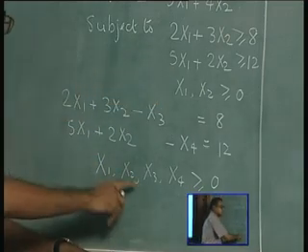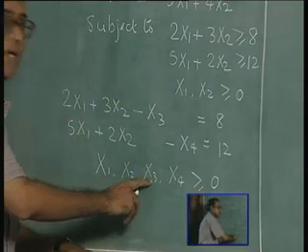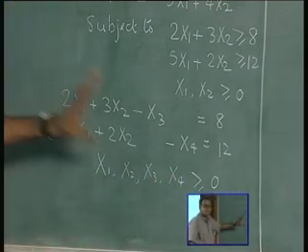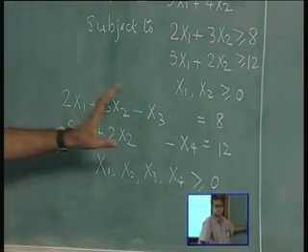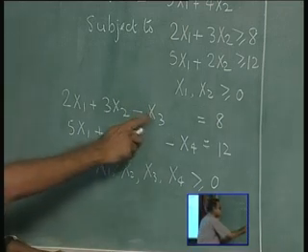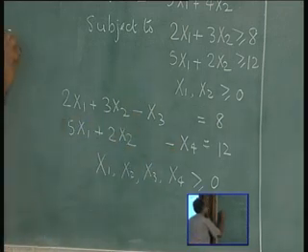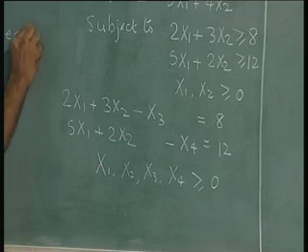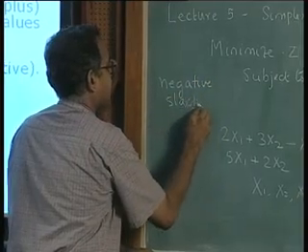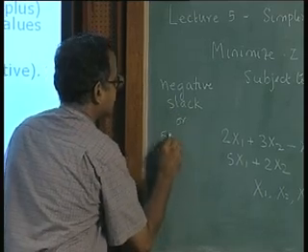Now we have introduced two more variables x3 and x4 into the problem. Now these are also slack variables like those introduced in the earlier two examples. The only difference here is these are called negative slack variables or surplus variables.